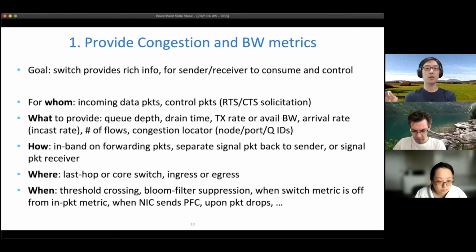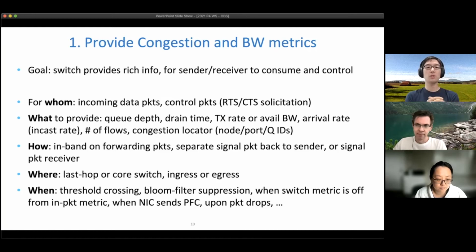Many of them can be provided in different ways, either inband on the forward-direction packets, or as separate packets sent back to senders, or signaled to the receiver like NDP cut payload does. Providing such information from the network ingress versus egress has different meanings in terms of the location of the metadata, and also depends on the use case.